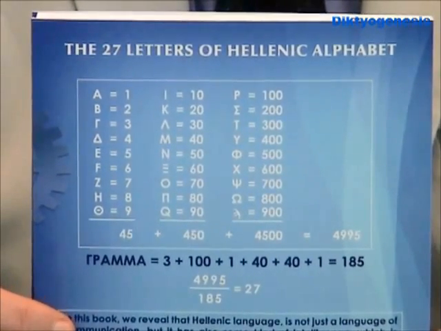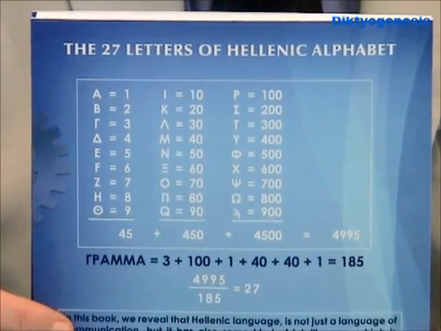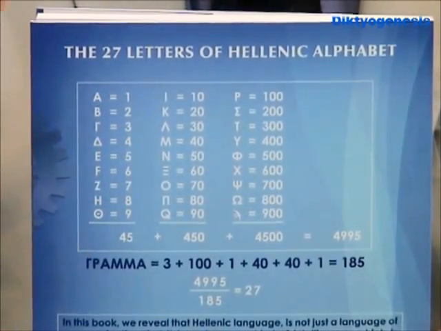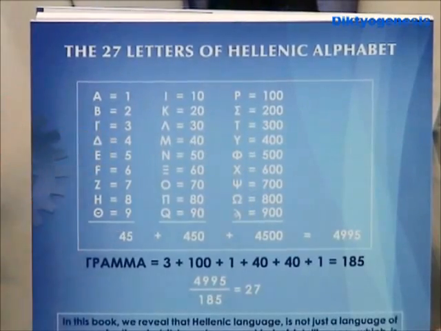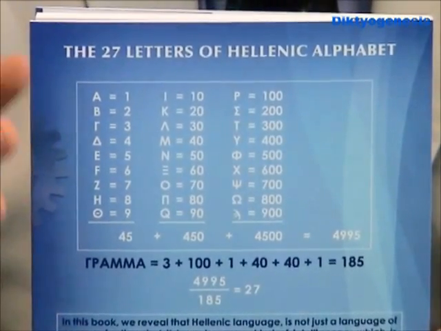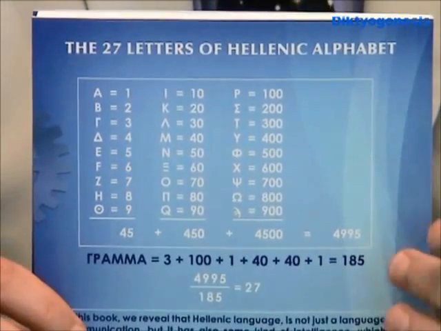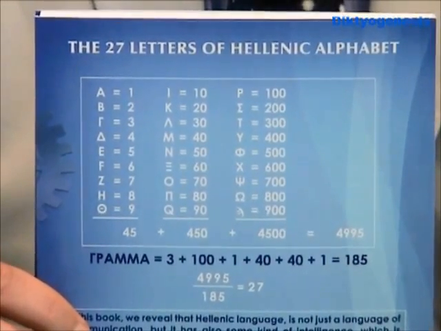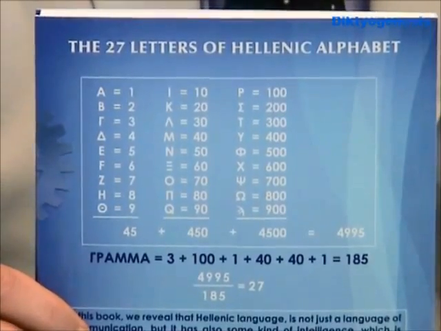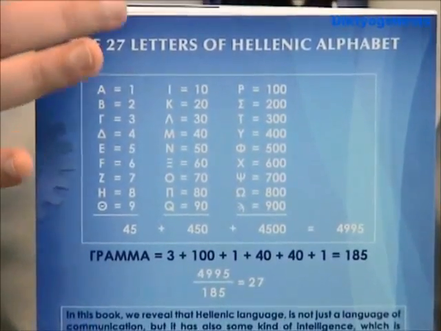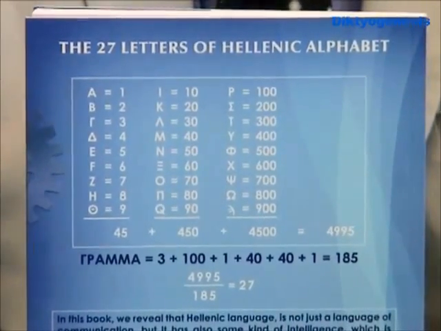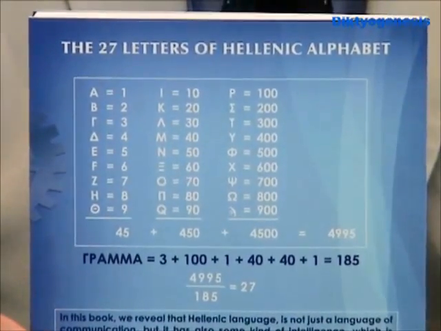The constructive data of the Hellenic alphabet are the representation between numbers and letters from alpha, which equals 1, to omega and sampi, which equal 800 and 900.